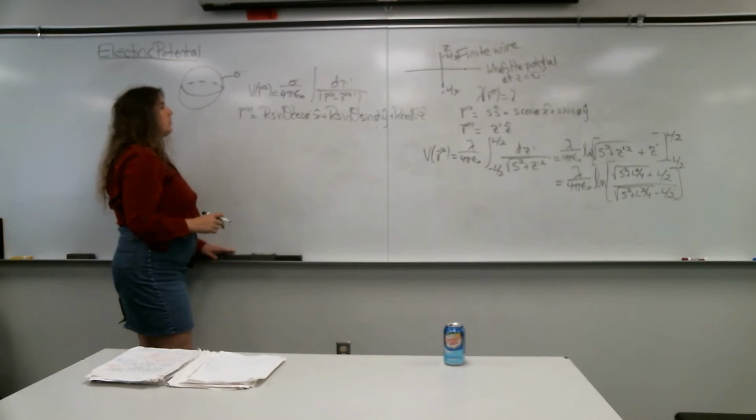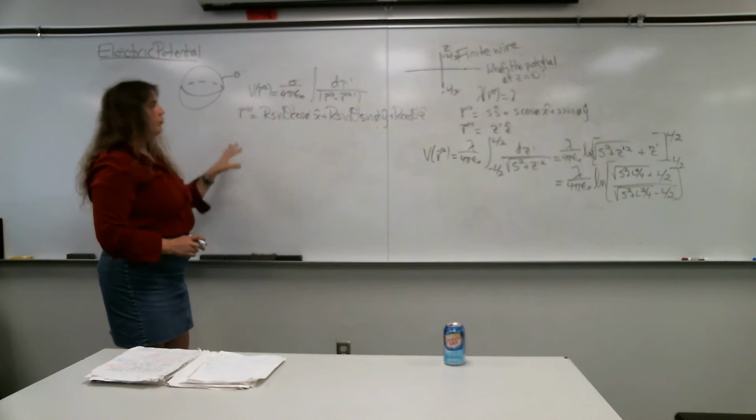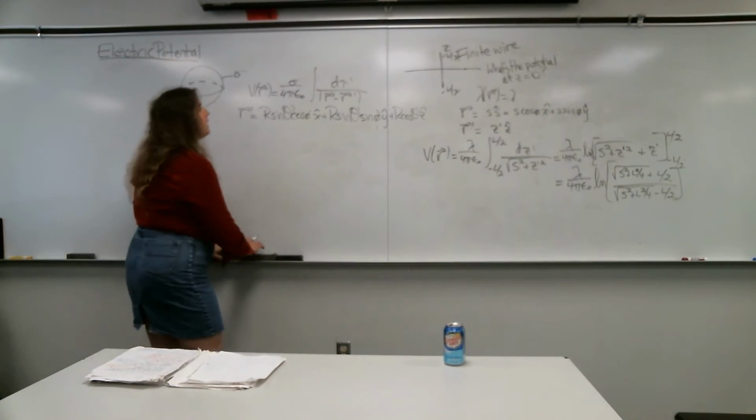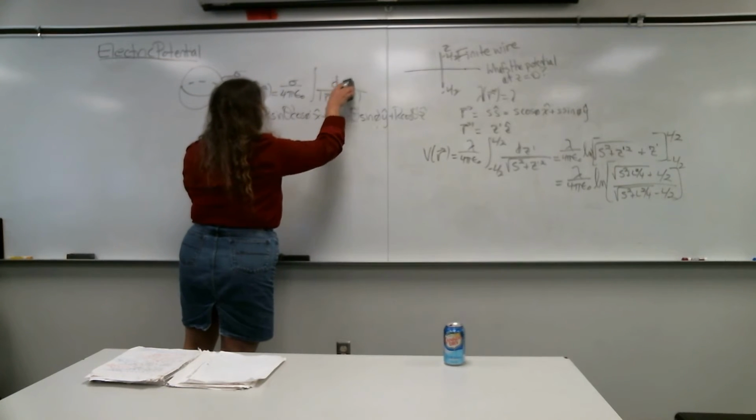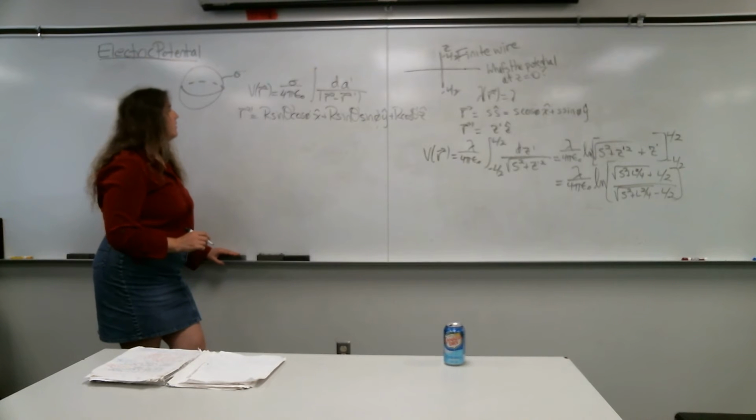And the reason why we're taking this r prime at the surface is because that's where the charge density is located. It's located at r prime equals R. And that should be an integral over the surface. Okay?